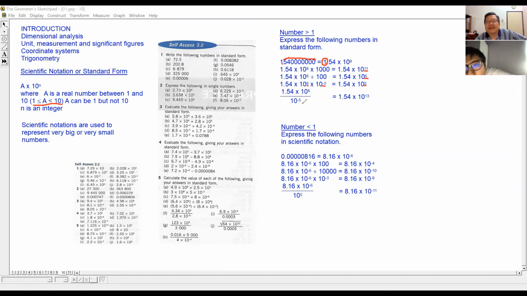You divide and subtract. Subtract, correct. So we have 8 minus negative 5. So it's actually 8 plus 5. So we have 10 to the power 13. Okay, right.